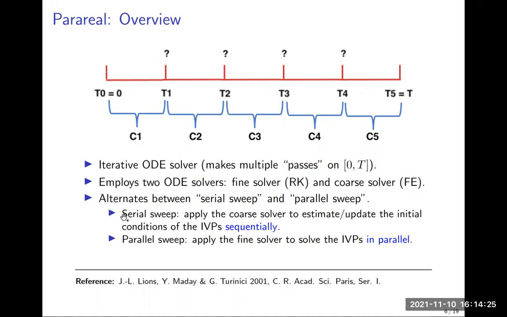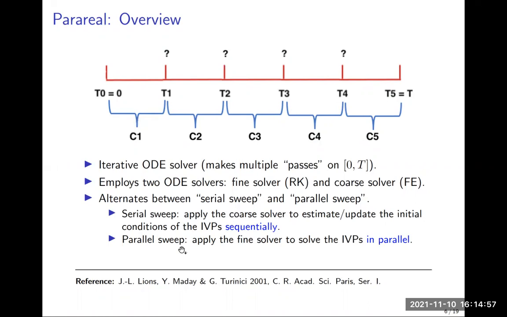And Parareal, like I said, is an iterative method, and it actually alternates between what's called a serial sweep and a parallel sweep. In the serial sweep, you want to make a very quick pass from time 0 to time t using the coarse solver. Remember, the coarse solver, although it's less accurate, is faster to run. So you want to make fast passes from 0 to t in serial.